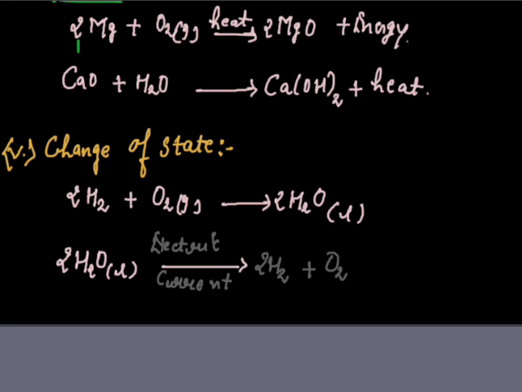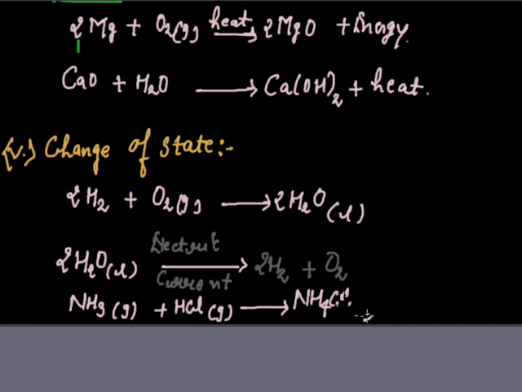Or we can also observe when NH3, which is in gaseous form, reacts with HCl, which is also in gaseous state, it forms NH4Cl. This NH4Cl is in solid state, known as ammonium chloride.